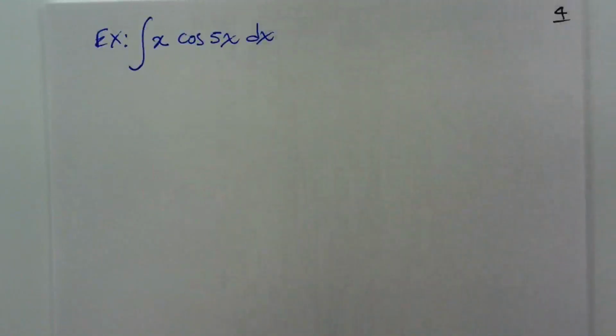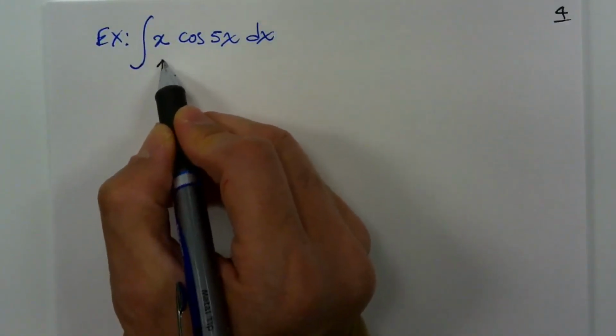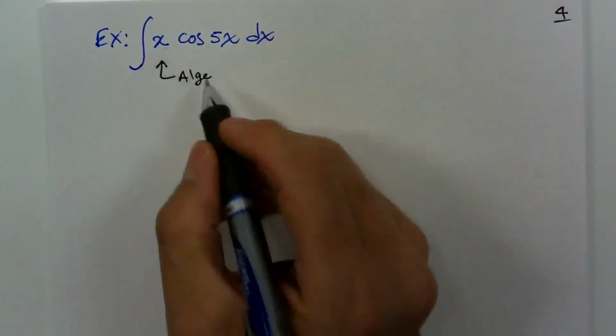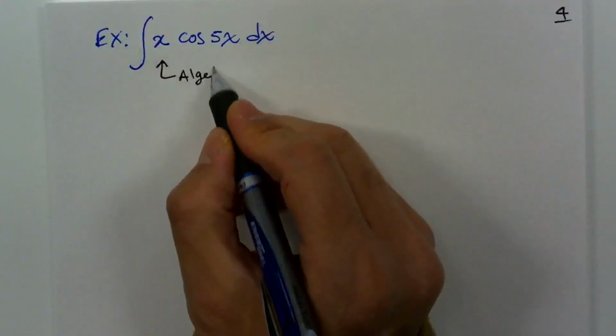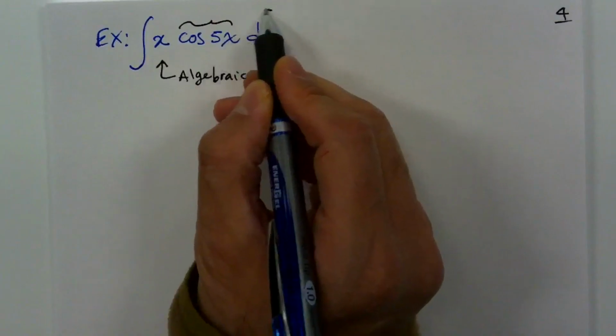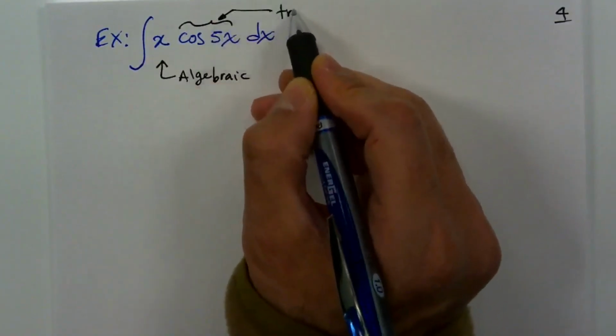Notice that this piece is algebraic because it's just y equals x, or just a linear function x, and this piece is our trigonometric function, right?